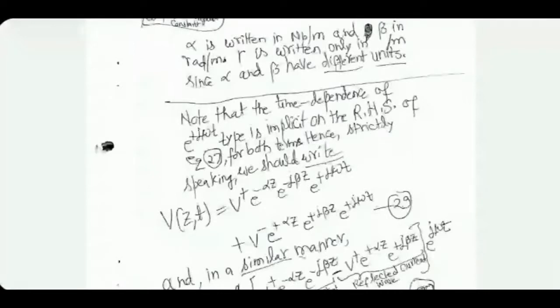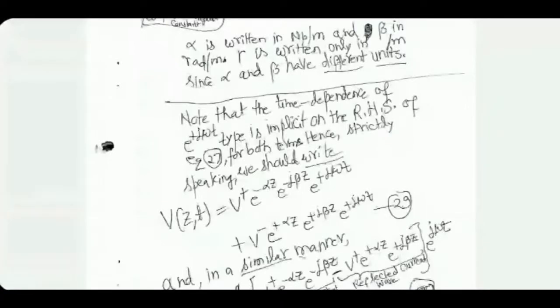So Vp actually will be minus omega by beta. That means the travel will now happen in the negative z direction. So the second term represents a wave traveling in minus z direction. That is why it is called reflected wave. The first term represents a wave traveling in plus z direction.